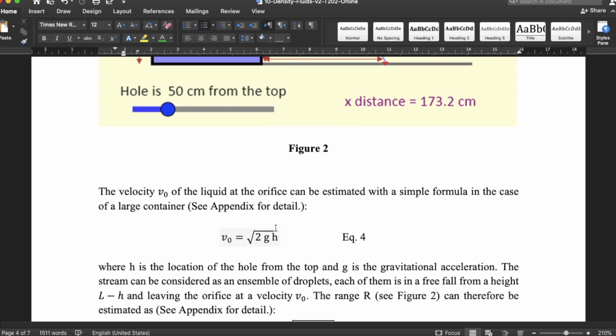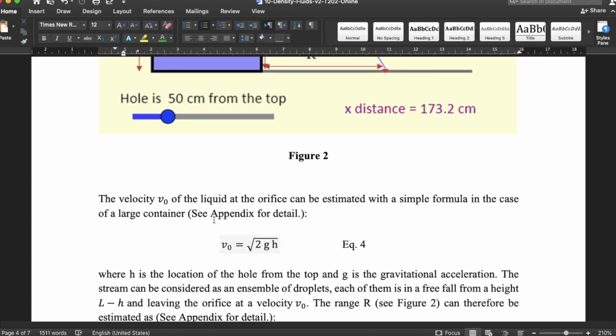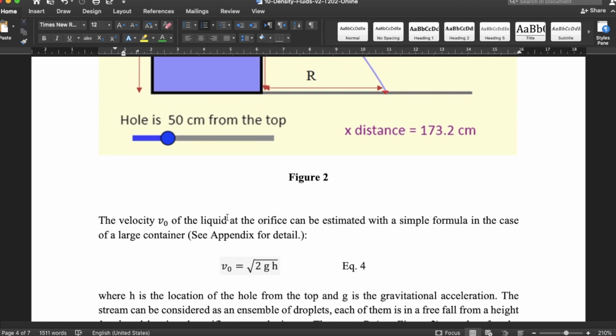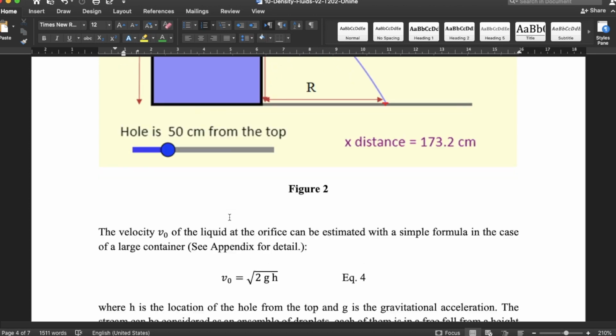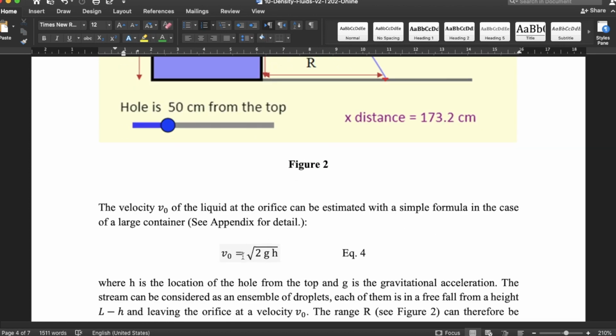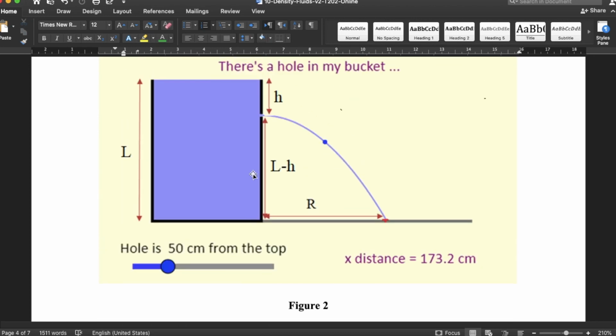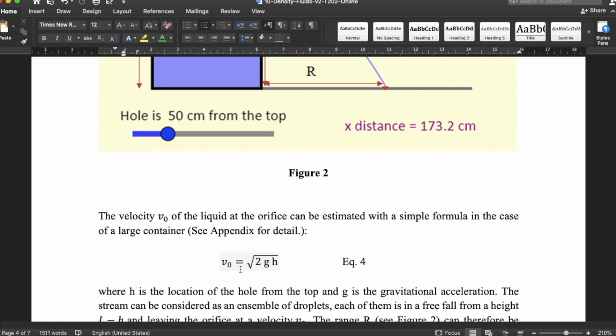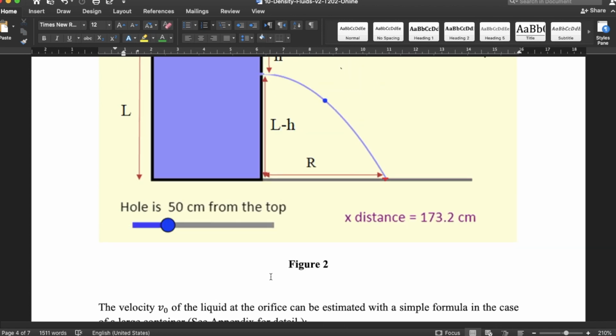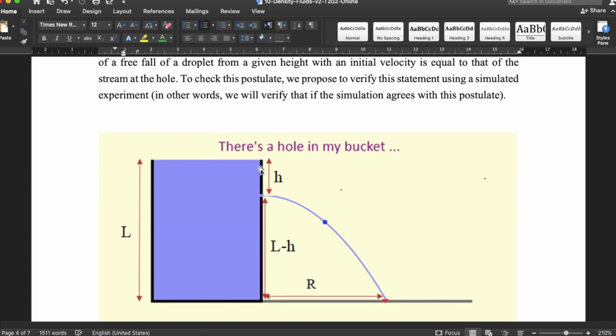Alright, so there is a simple derivation that you are encouraged to see and to look at the appendix, and it should be a good exercise for you to prepare for the finals as well. So I encourage you to look at it. And in this case, this is the velocity of the fluid that is emerging from the opening, and simply given by the square root of 2 times g times h, where h is the distance measured from the top.